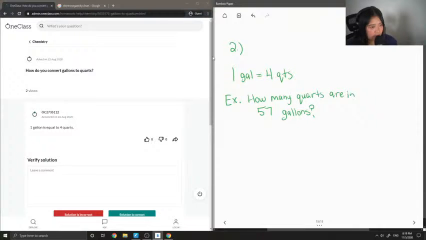So I'm just going to write down my unknown, x quarts over 57 gallons is equal to my conversion factor, 4 quarts over 1 gallon. So now I'm just going to solve for x by multiplying both sides by 57 gallons.